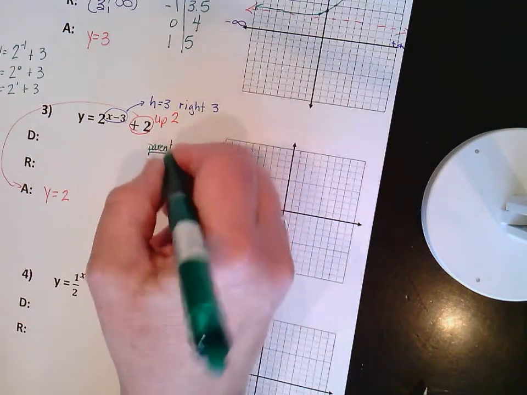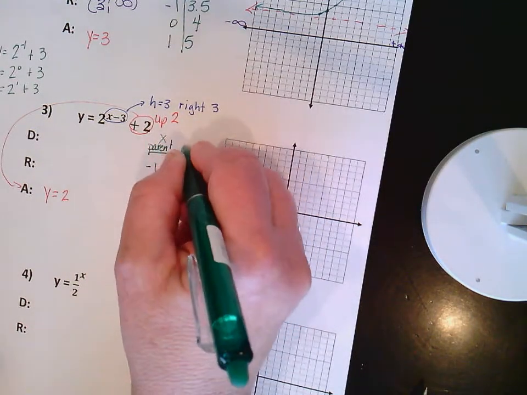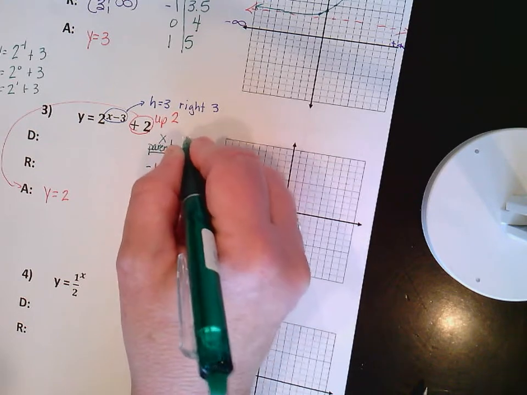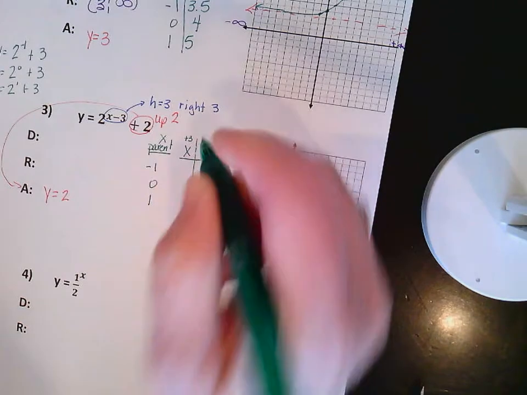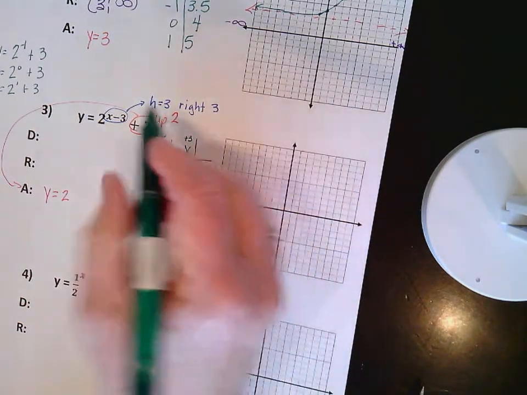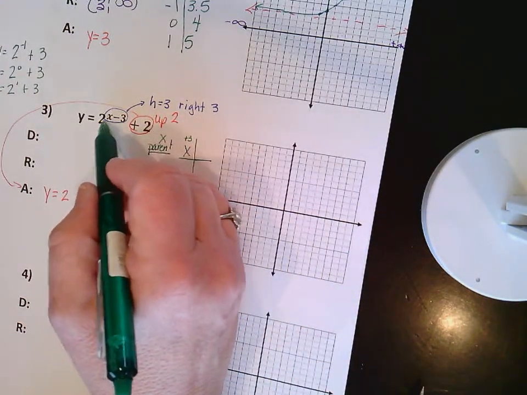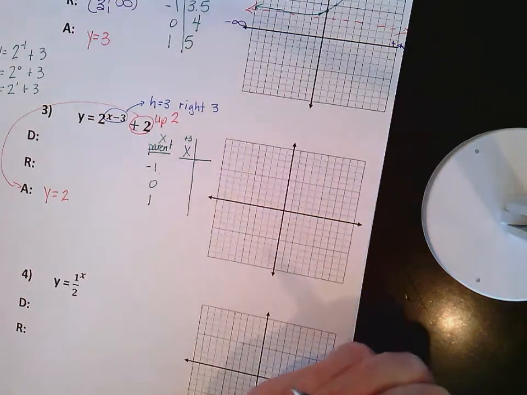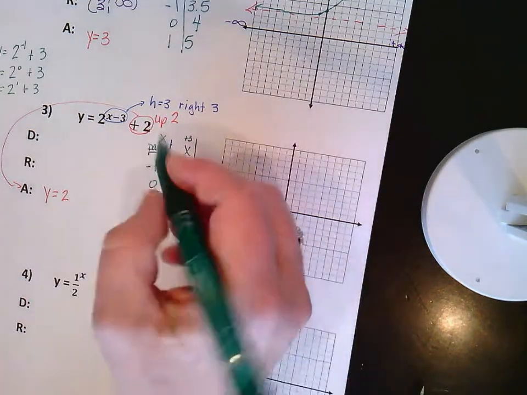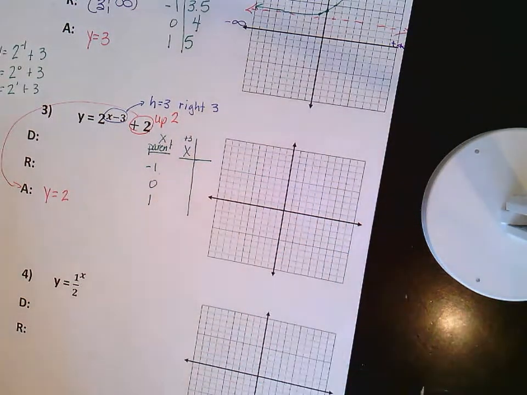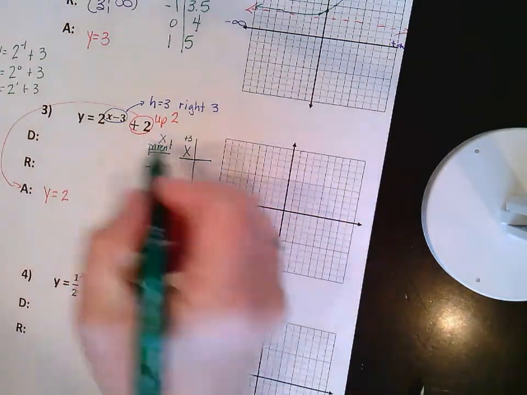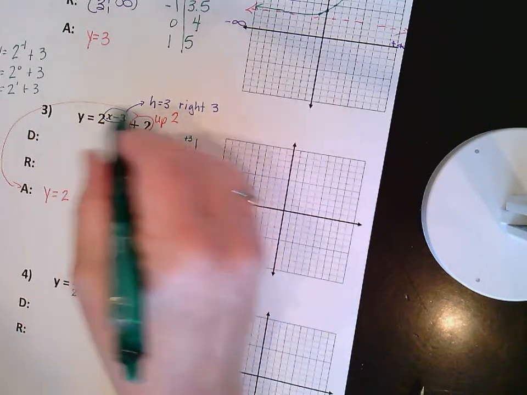So if this is my x of my parent, so the x of this function, I'm going to add 3 to my parent. Okay, and let me stop and just do that again because I know that tends to be confusing. The parent function is what would happen if we just had the base to the power and we didn't have h or k at all. And it's a good rule of thumb to use -1, 0, and 1 for your parent. But now we're shifting the center of this all over the place.